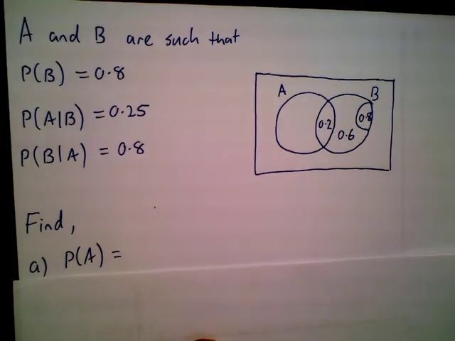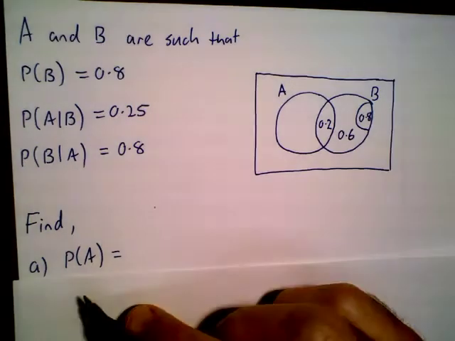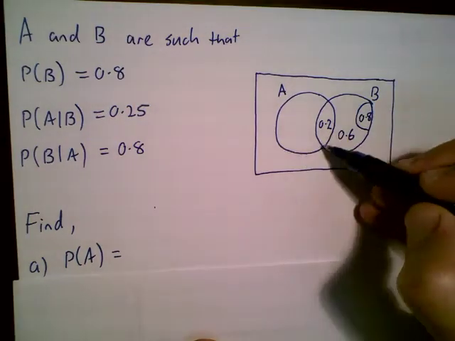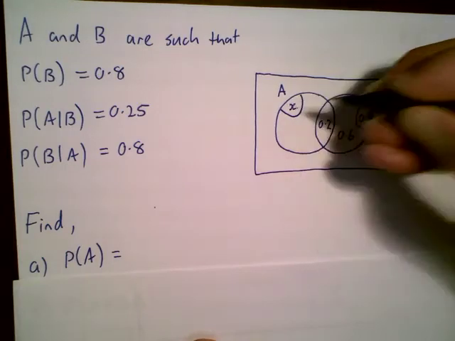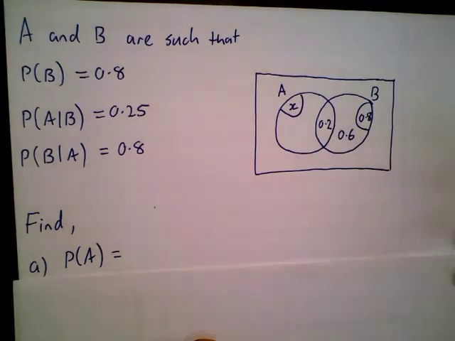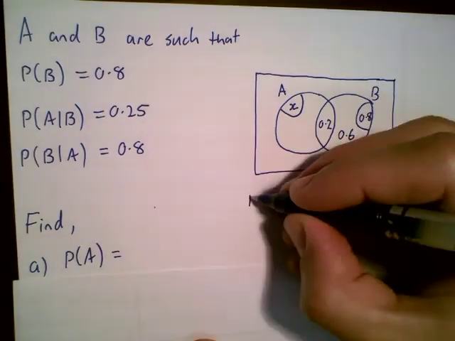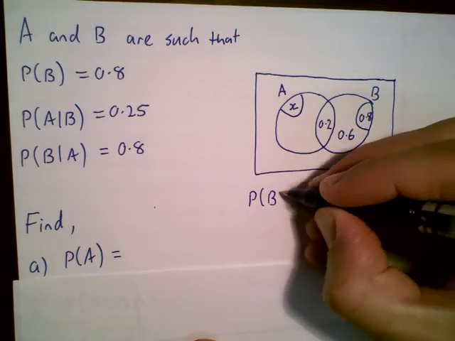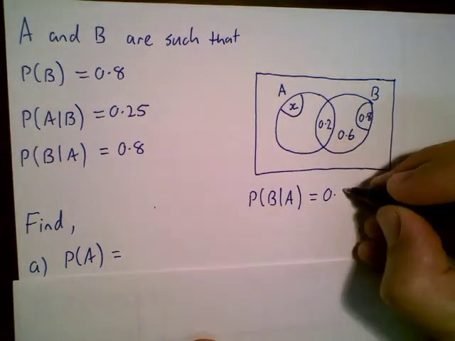So we can use a bit of algebra, and using the fact that we're trying to find the probability of A, which is this whole region here, we might call this part here X. So we know that the probability of B given A is equal to 0.8.